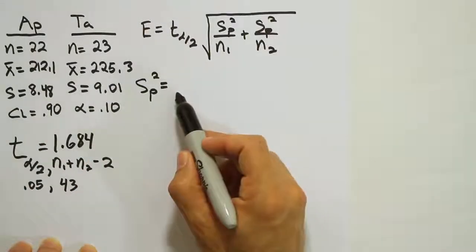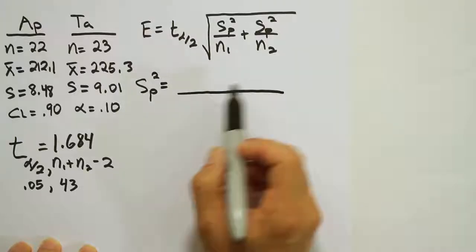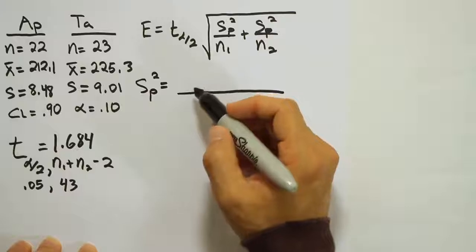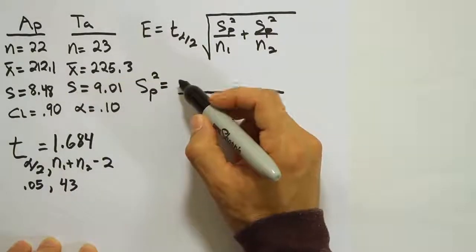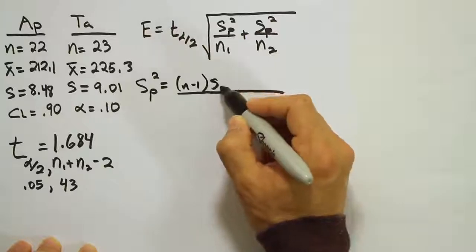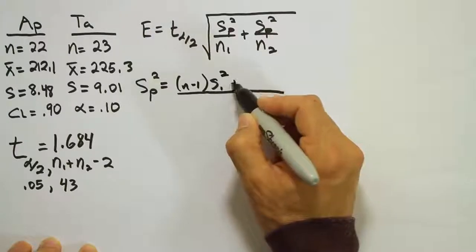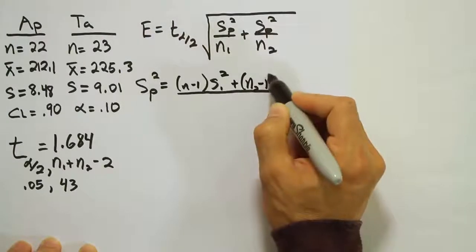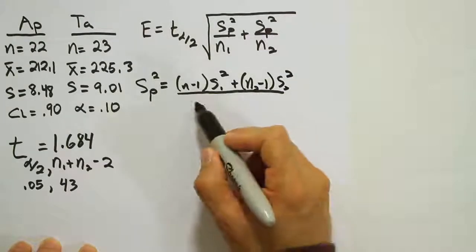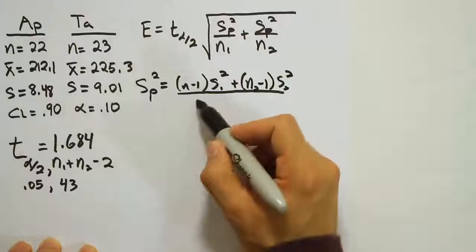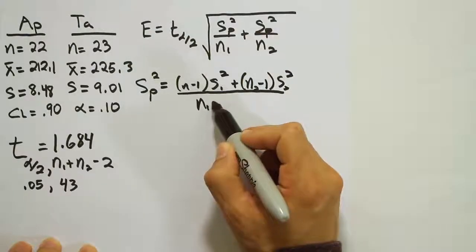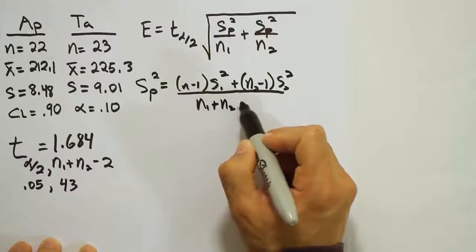It's basically a weighted average of the variances that we would get by squaring these standard deviations. So it's n1 minus 1 times s1 squared plus n2 minus 1 times s2 squared. And then for the bottom part, we use the sum of these two degrees of freedom, so n1 plus n2 minus 2.